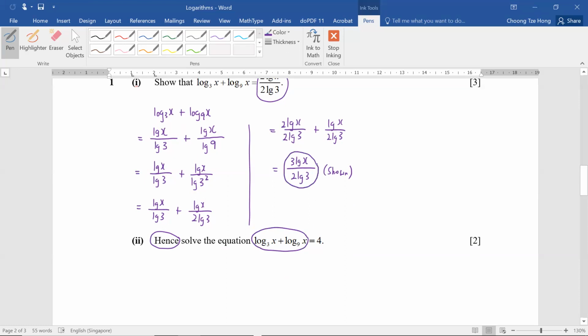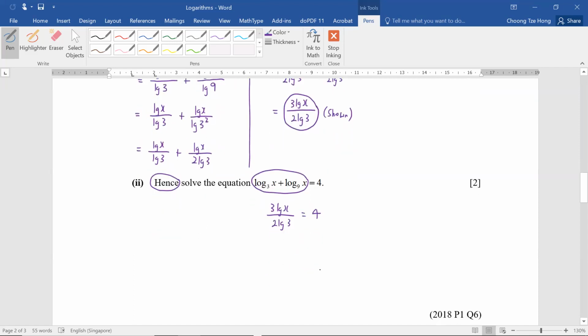So to start off, we will replace log base 3 of x plus log base 9 of x with 3 log x over 2 log 3 equals 4. What is there to be done now? The only thing that comes to mind would be to cross multiply. So 4 times 2 log 3, you will have 8 log 3.